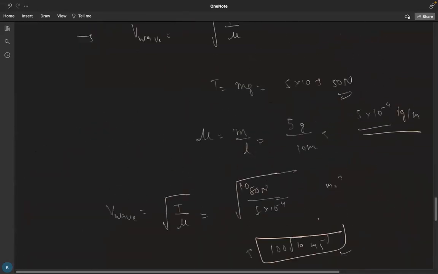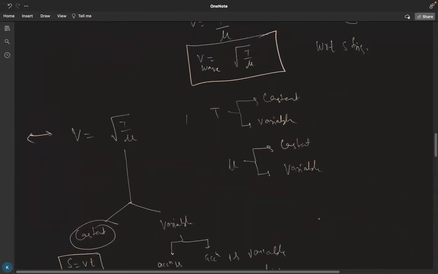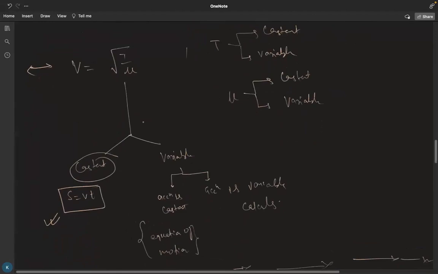So here we get a case in which the velocity is variable, but the acceleration is constant. So here we are able to apply the equations of motion.